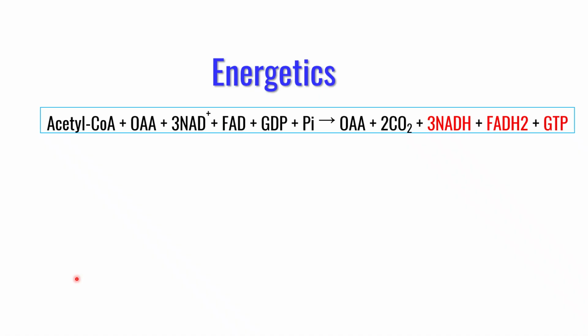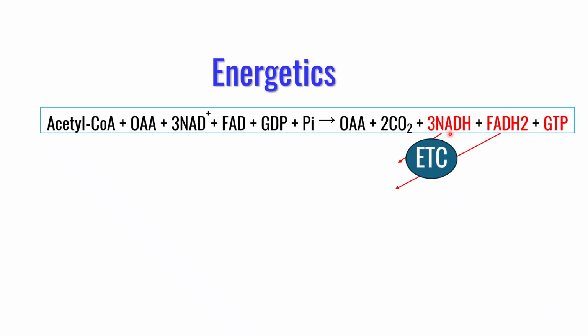So let us discuss the amount of energy produced during TCA cycle. So this is the TCA cycle given here. You can see there is a production of 3 NADH molecules, 1 FADH2 and 1 GTP molecule. NADH and FADH2 after undergoing the electron transport chain will produce ATP.